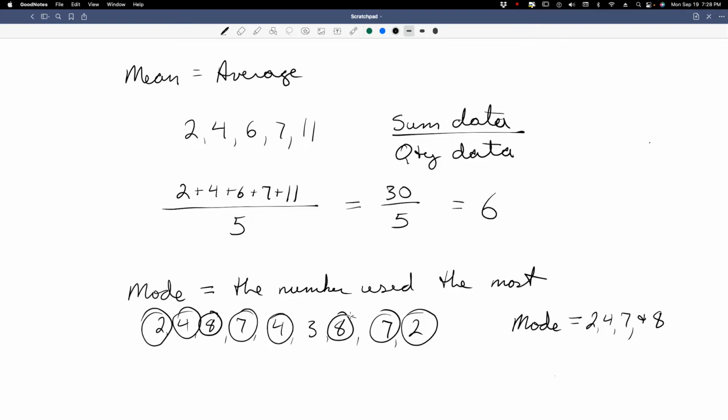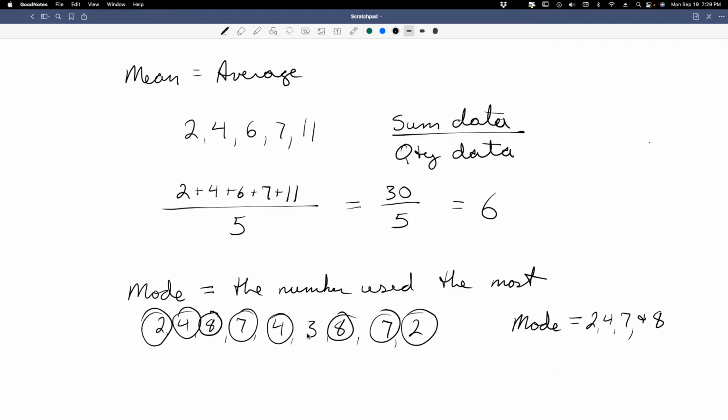So you see, you can have more than one mode if they're all used the same number of times. But whatever number is used the most, or the most equally, is the mode. By that I mean each of these was used 2 times, so they're all included in the mode.